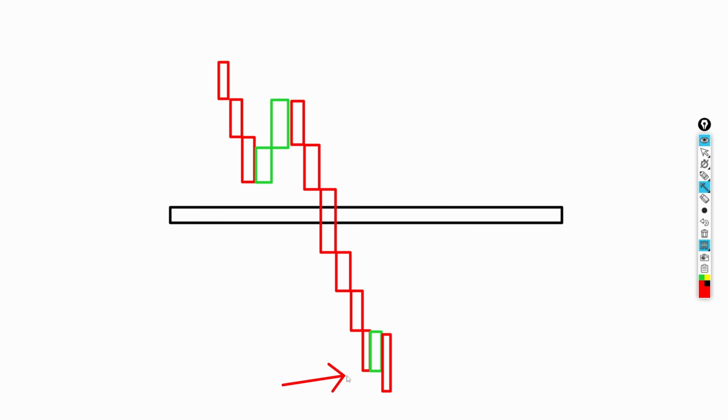You will always need a second break. Although when the price was moving down, it was actually retracing back. But as a beginner, I will advise you to wait for a green candle to form and then wait for a clear break so that you can take the entry.